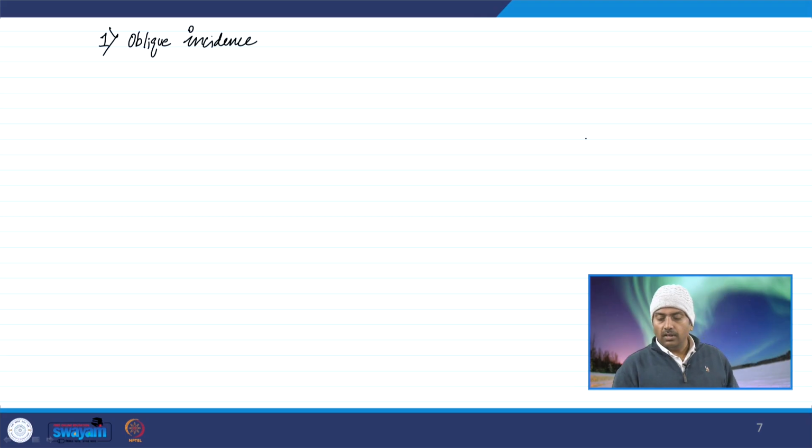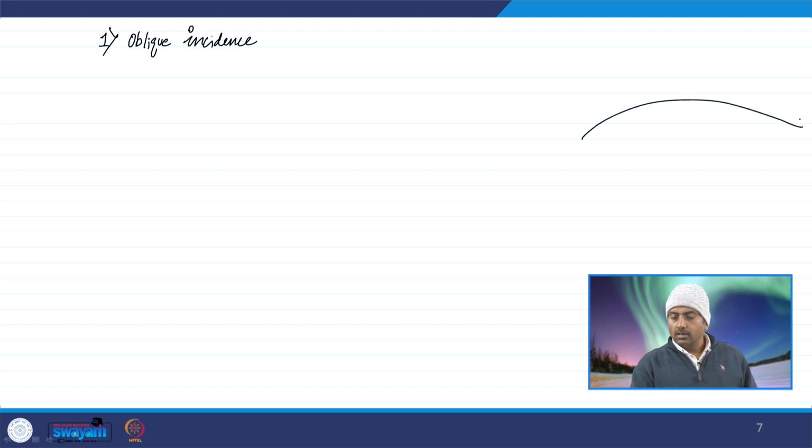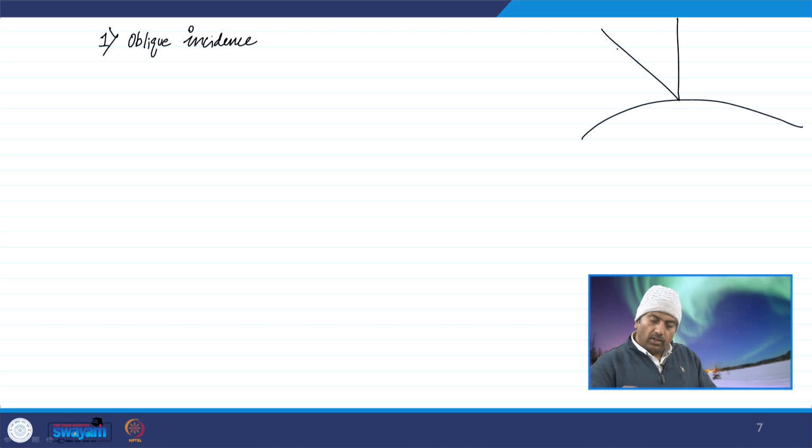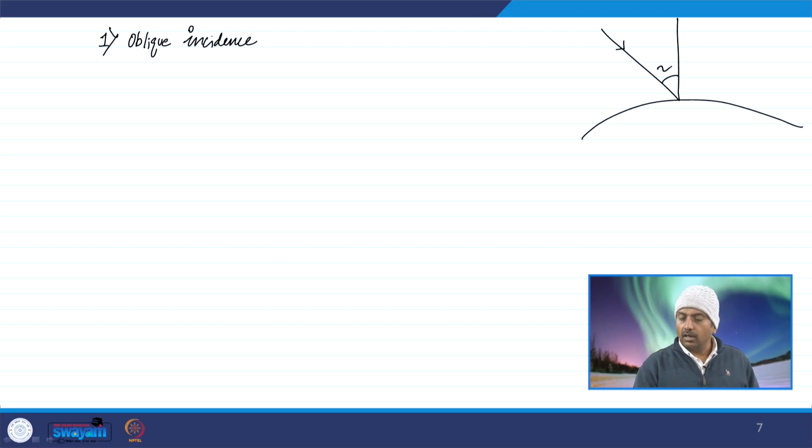Let us say we have the surface of the earth like this, this is the normal, and this is the direction of the incident radiation. The radiation is coming at this angle, which is chi, the solar zenith angle, defined with respect to the normal.